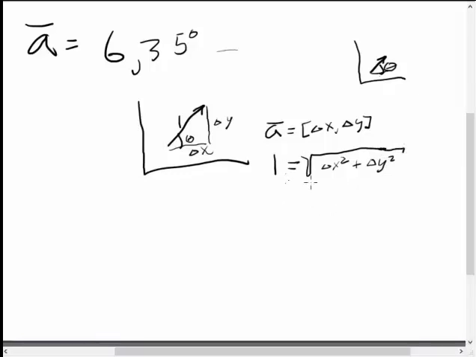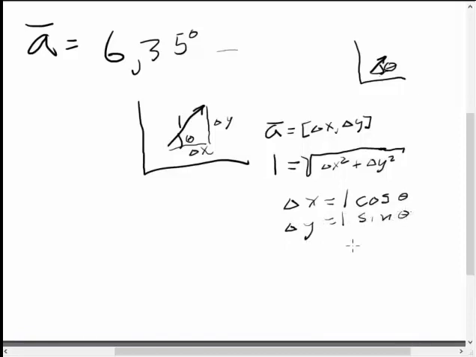Now, the way trigonometry works, my delta x is equal to L times the cosine of theta, and delta y is equal to L times the sine of theta.